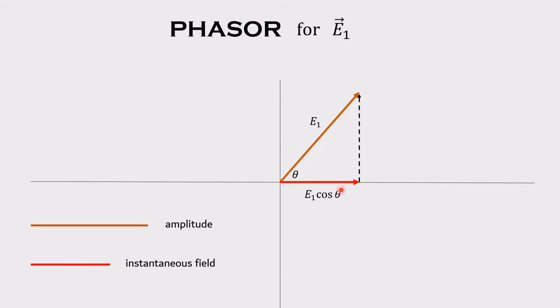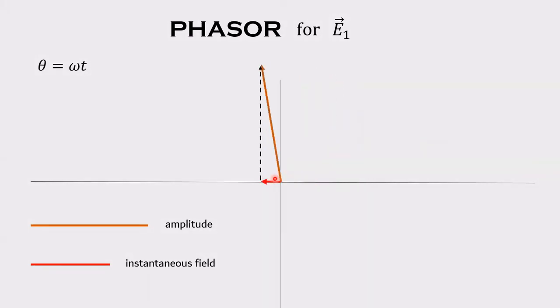So right now, the instantaneous field has an absolute value less than the magnitude of the phasor, but there comes a time right about now where the strength of the field is equal to the magnitude of the phasor. So the magnitude of the phasor tells you the greatest absolute value taken on by the electric field from one of the sources. And the same applies for the total phasor.